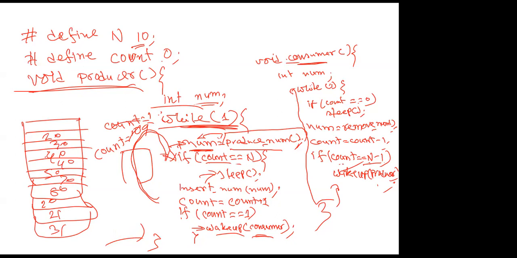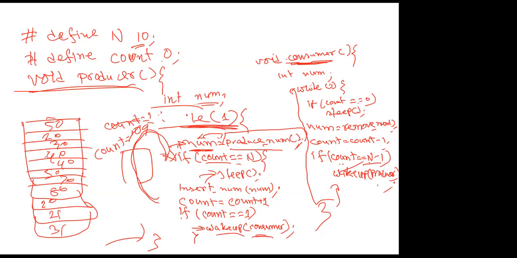Let's say the producer function is scheduled again by the operating system. It inserts a number, here 50, and then it will run and go into sleep mode again. It means it's in the block state. Then the consumer function is scheduled by the operating system, perhaps after a little bit of a long time, and it will delete a number.